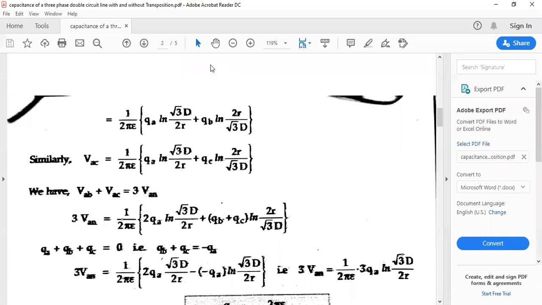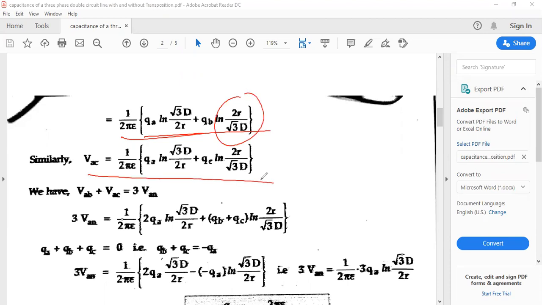So you're left with these terms: 1 divided by 2 pi epsilon, QA ln of root 3D divided by 2R plus QB ln of 2R divided by root 3D. Similarly, if you want to write for VAC, as you have written for VAB, this term is a constant one and this one term is also a constant one.